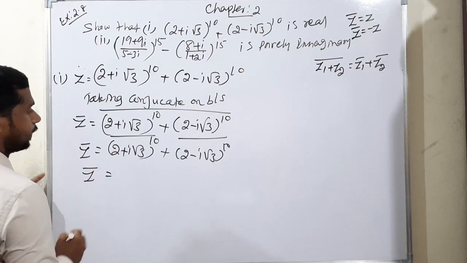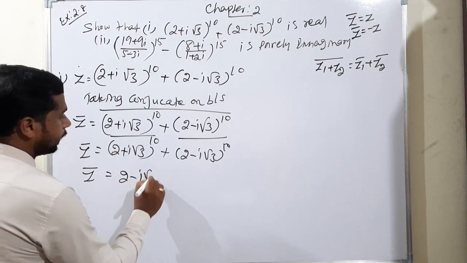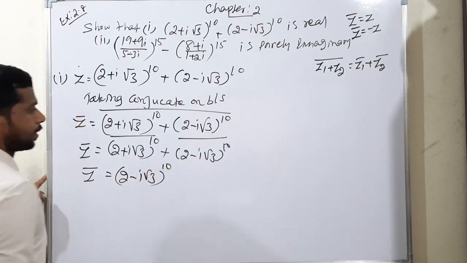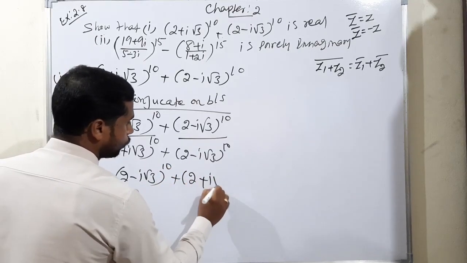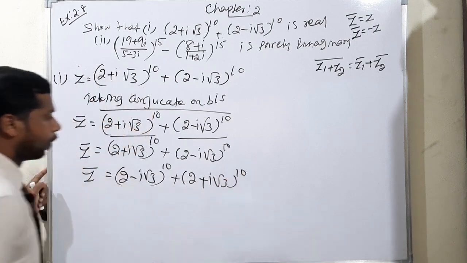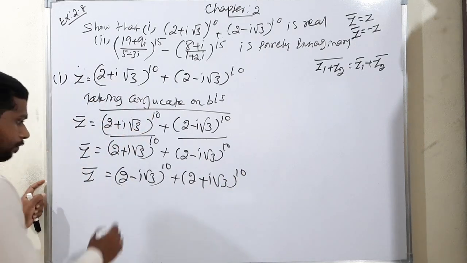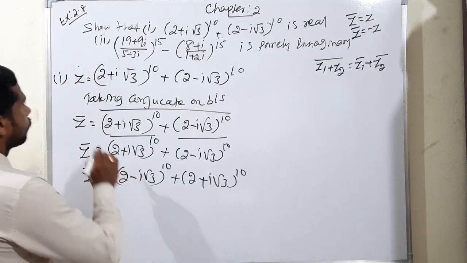So Z bar is equal to (2 minus i root 3) the whole power 10, plus (2 plus i root 3) the whole power 10. Look at this, this is our original term.